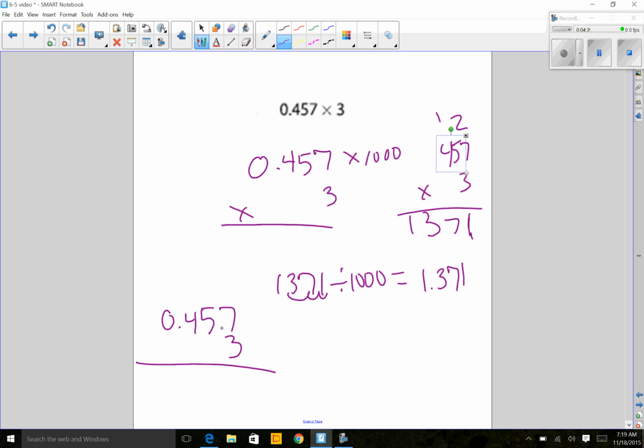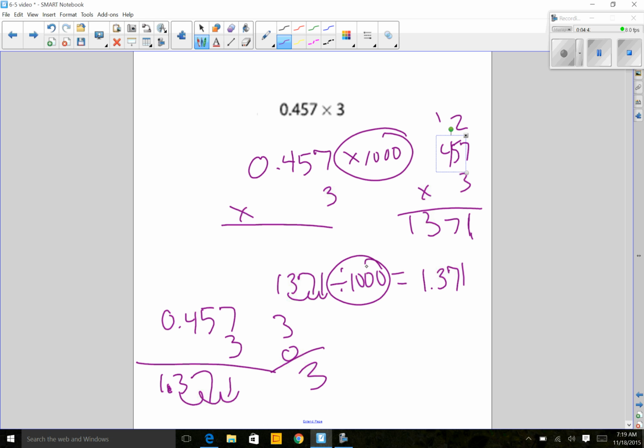I've got 1, 2, 3 decimal places, no decimal places in the 3. So my answer, 1, 2, 3. Same thing. Since I multiplied by 1,000 here, I've got to divide by 1,000 here. And that's all we're doing when we're jumping those decimal places over. We're just dividing by a factor of 10.